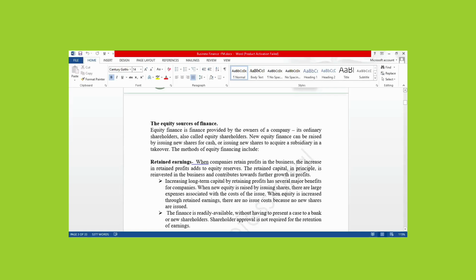You can finance your business with your retained profit, profit that is not distributed to shareholders as dividends. Company can use this as a source of financing.